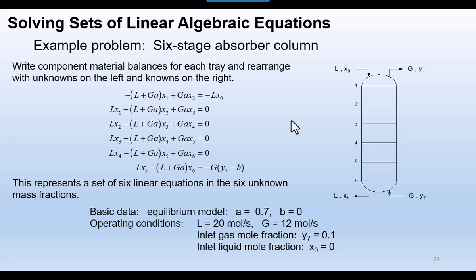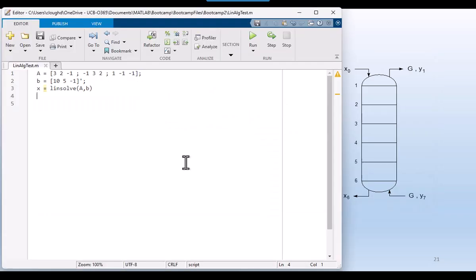So this is what we have, and what we want to do is set up the solution of this set of equations in order to determine the profiles for the column. So let's go back over to our editor and open a file called absorber.